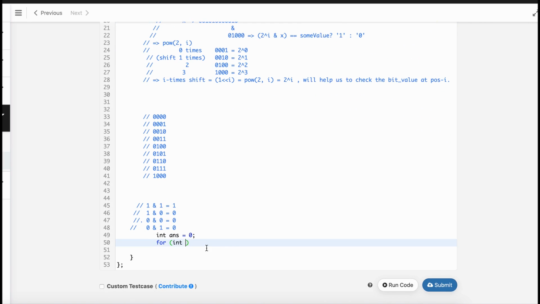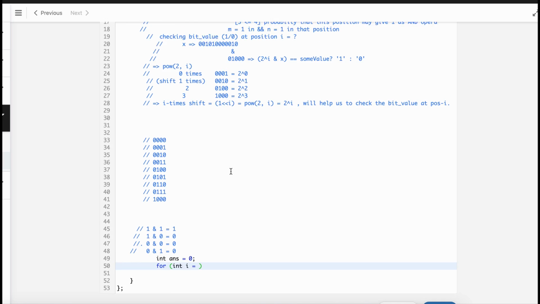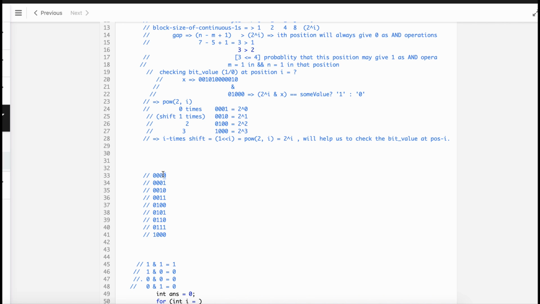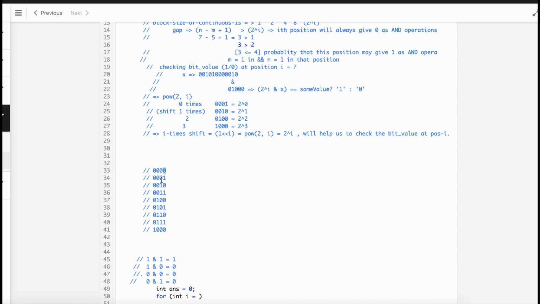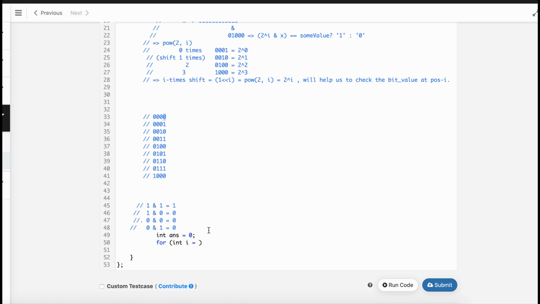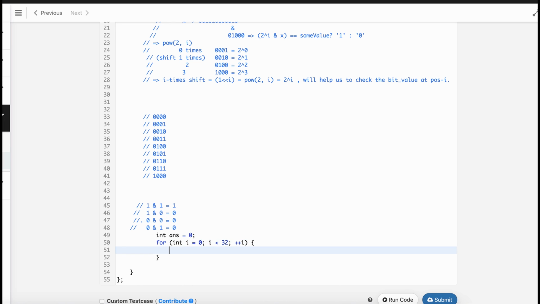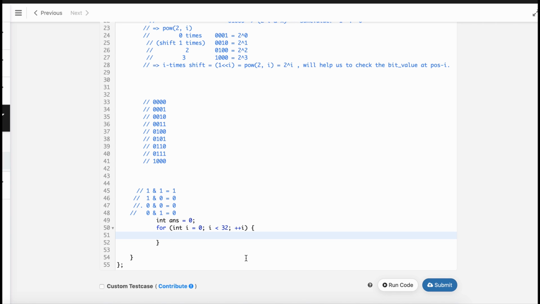Let's start from the least significant bit towards the most significant bit. We will move from 0 to 31. So let's start with 0, and now let's calculate the gap.